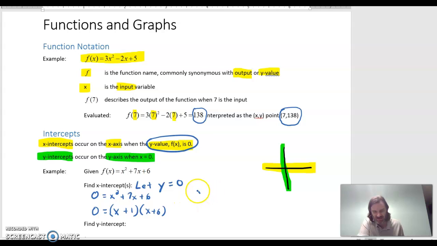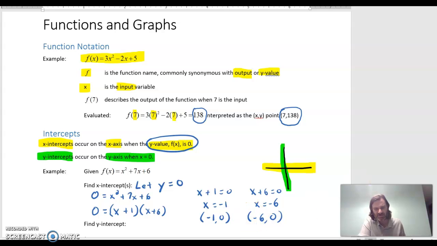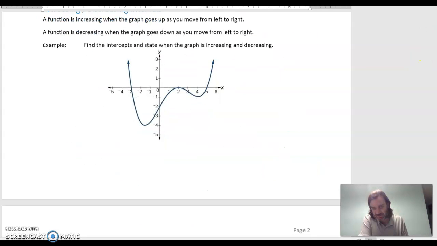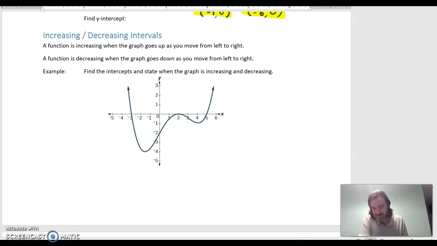And remember that I can make that into two equations: x plus 1 equals 0, x plus 6 equals 0. Solving, x is negative 1, x is negative 6. So the x-intercepts are negative 1, 0 as a point, and negative 6, 0 as a point. So as far as x-intercepts go, those two points would be on the x-axis of that function that I have.